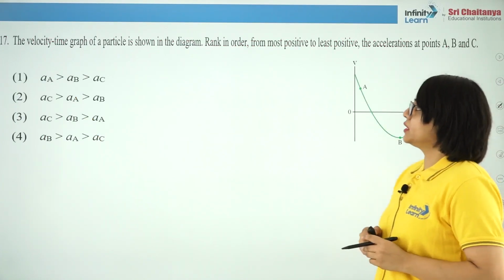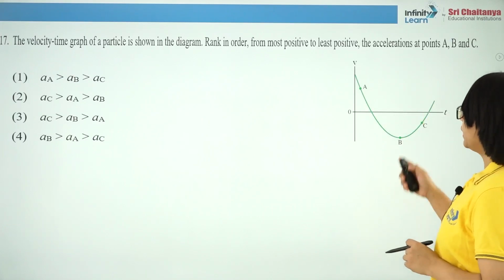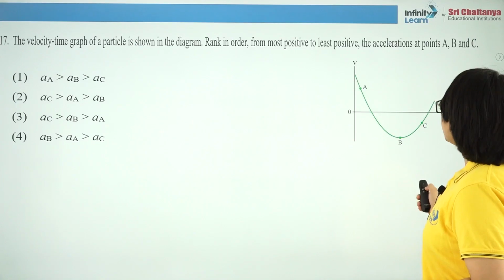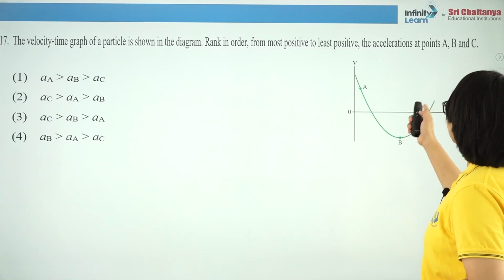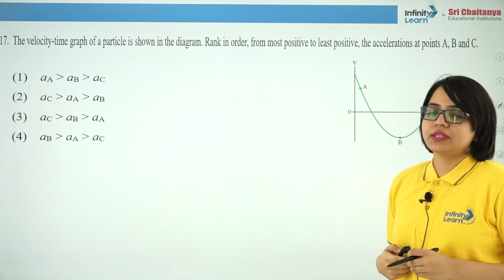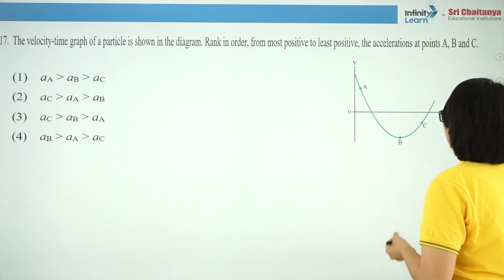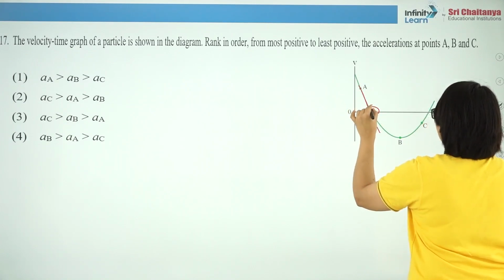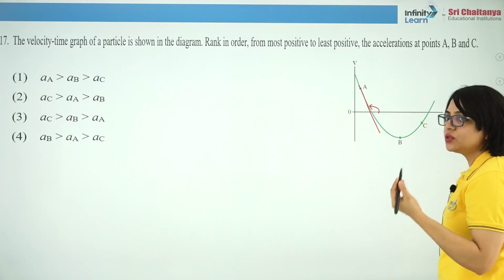Next is 117. The velocity time graph of a particle is shown in the diagram. Rank in order from most positive to least positive the acceleration at points A, B and C. So, slope of velocity time graph will give you acceleration. So, at point A, the slope is this one, which is negative because theta is obtuse angle.